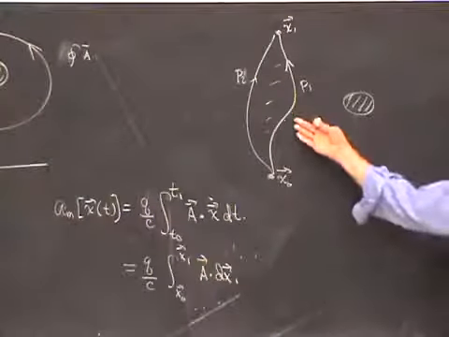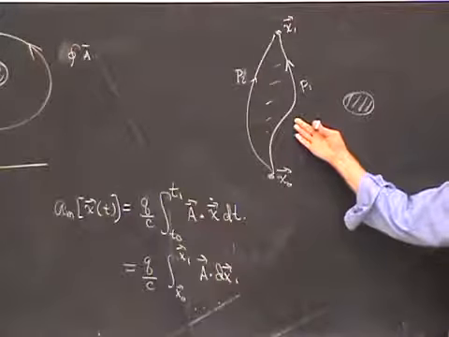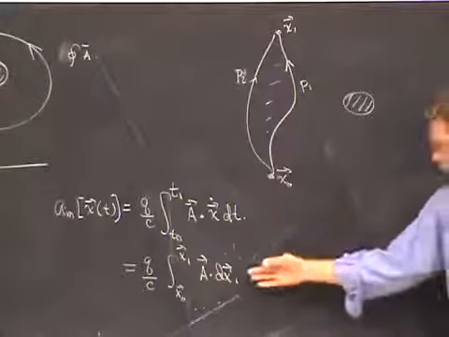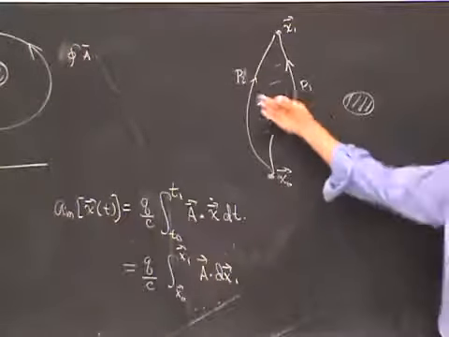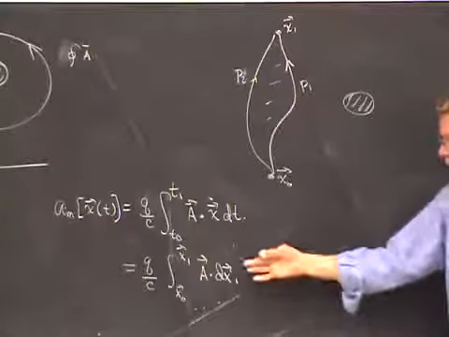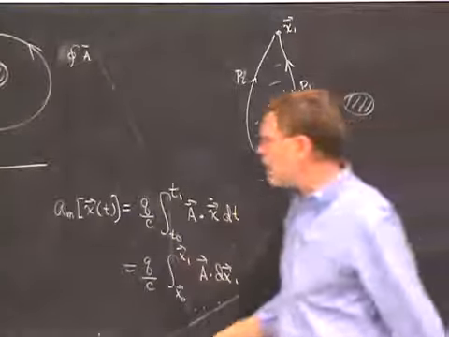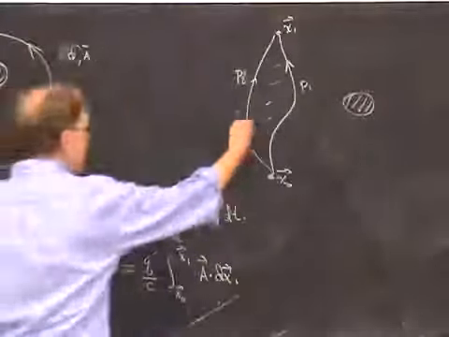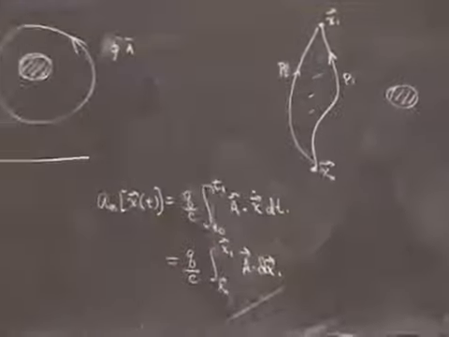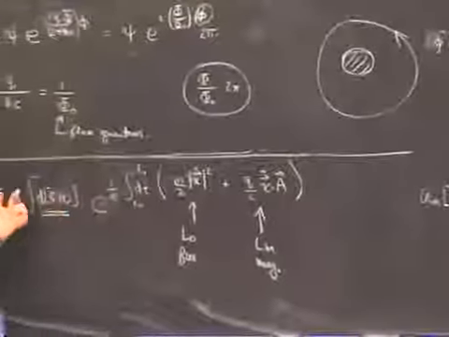But this is entirely in the exterior region where the magnetic field is zero. So if you stay in the exterior region and you continuously deform one path into another, you don't change the magnetic action. And so the magnetic action for paths of that sort can be taken out of the path integral.